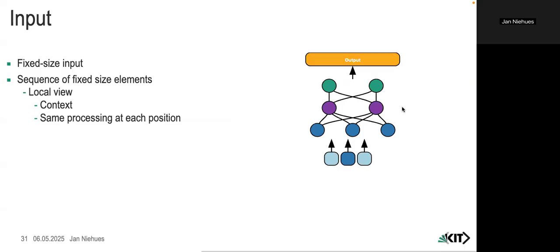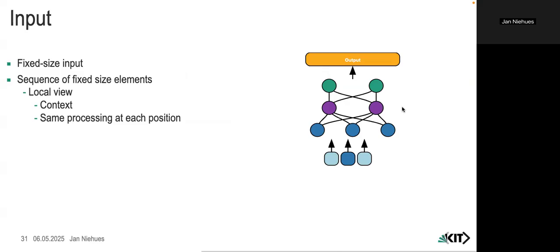So we're handling variable size inputs by doing the same processing at each time step and just handling the different inputs. That enables us to handle variable size, because we do the processing several times, and we're doing exactly the same processing.